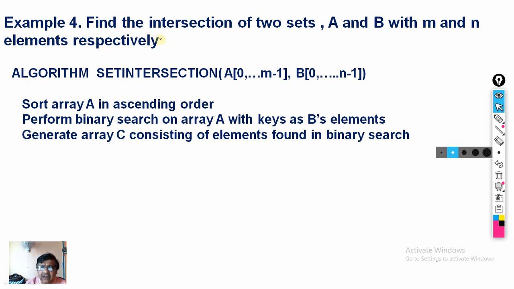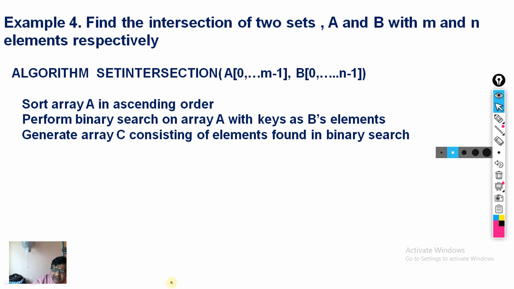Find the intersection of two sets A and B with m and n elements respectively. It would have been very tough had the array not been sorted, had the transform and conquer technique not been applied, because it becomes quadratic complexity. We need to let each and every element from one array be compared with all the elements in the other array, and pick up the element if it is present in the other array, because it becomes a common element.